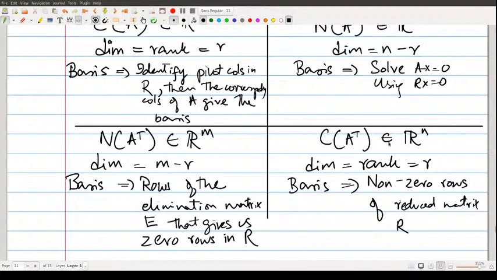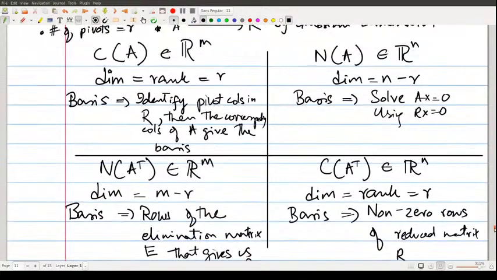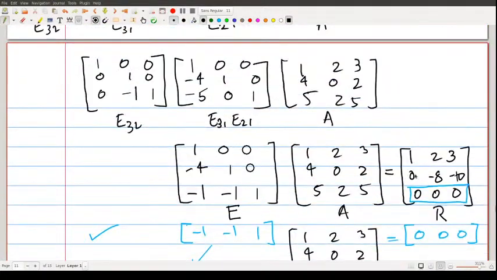So the rows of the elimination matrix E that give us 0 rows in R. Similarly, the non-zero rows of the reduced matrix give me the basis for C of A transpose, the row space, which is 1, 2, 3, and 0, minus 8, 10.